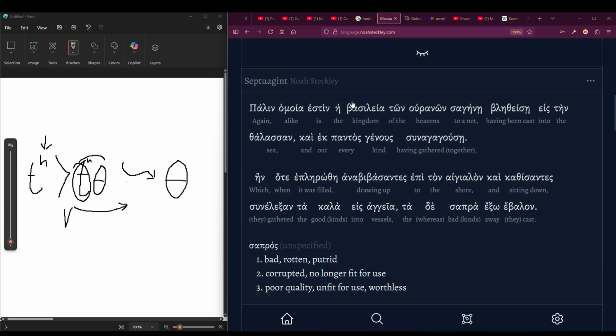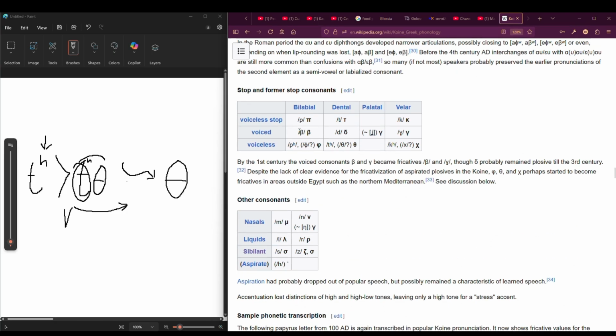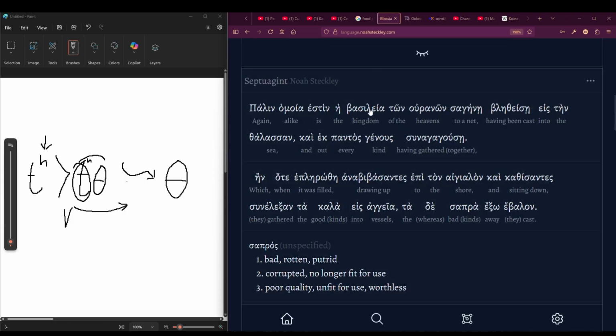Here we're taking the beta, which I don't know if I talked about. I guess I did. I'm loosening it to not a fricative V, but as an interlabial fricative, vasilia, where the eta on its own we're pronouncing as high front, so near close front, but not up to an E level.